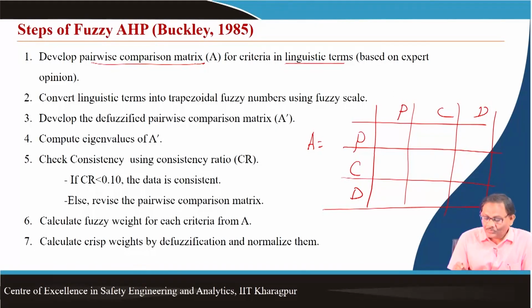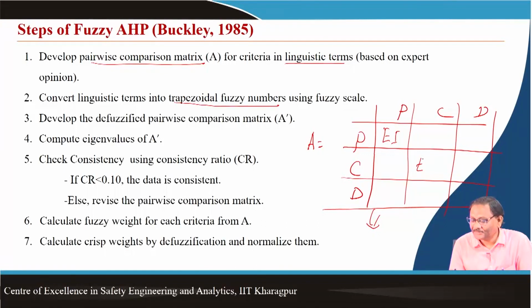Then second, from this pairwise comparison matrix, which you will get in linguistic terms, you have to convert the linguistic terms into trapezoidal fuzzy numbers using the fuzzy scale. You have seen the fuzzy scale we used earlier. When converting into trapezoidal numbers, suppose P versus P is equally important, and this one also equally important.